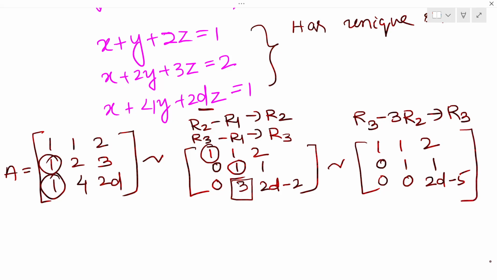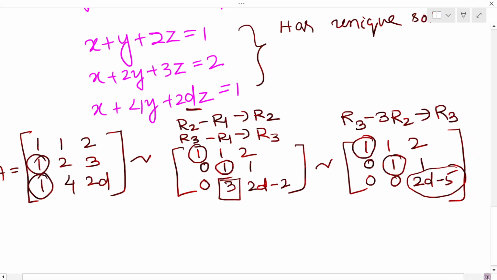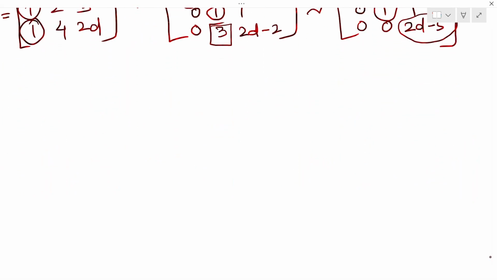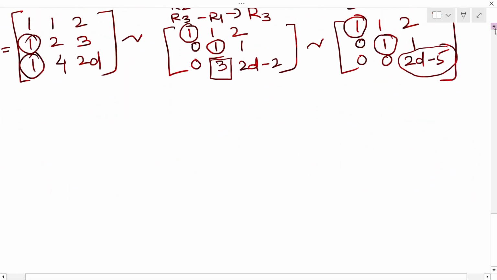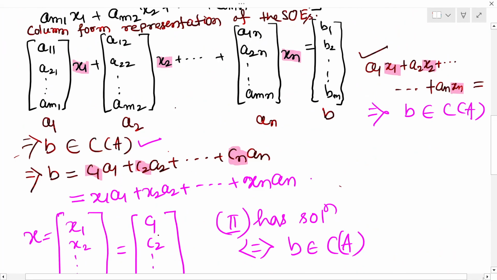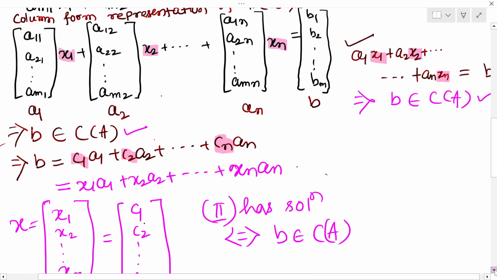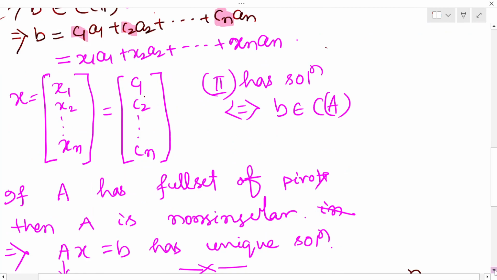Now it has a full set of pivots: this is a pivot, this is a pivot, and this is a pivot. For what value of d will the last pivot be missing? I am expecting the answer from the audience. Just answer, no need to explain.